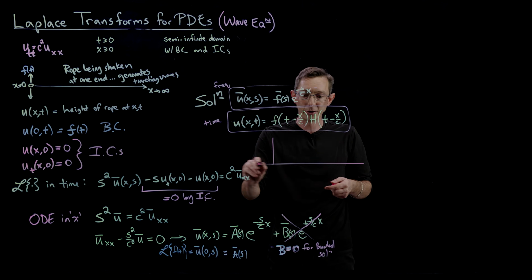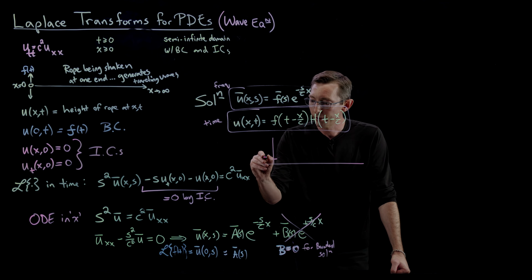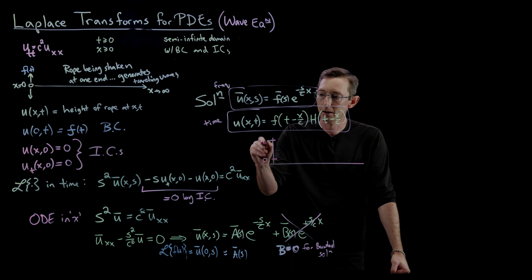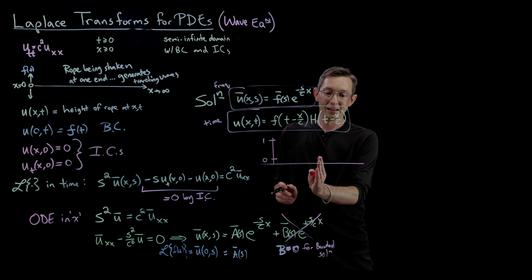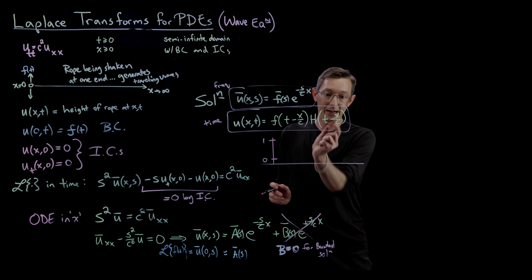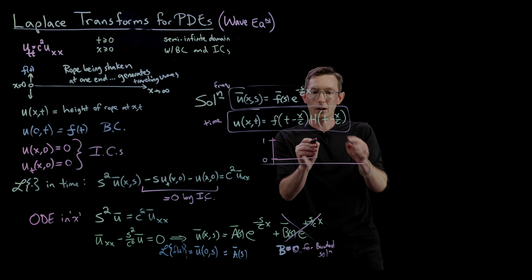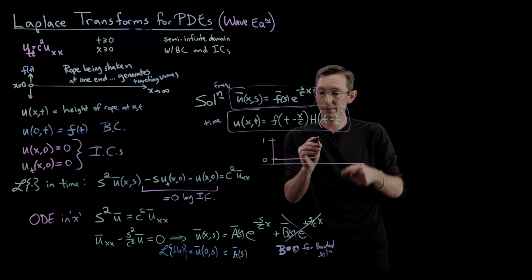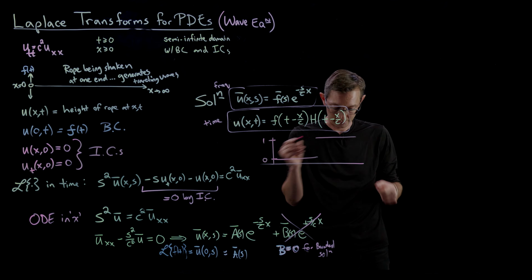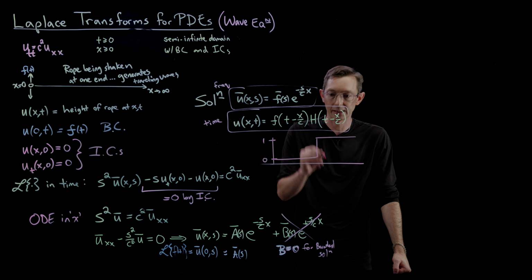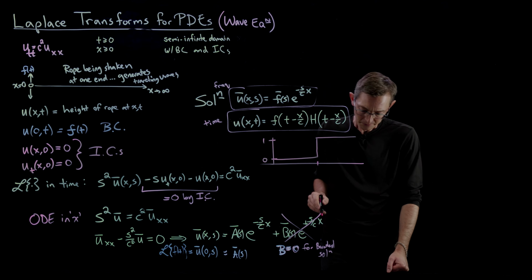The Heaviside function is a function that is 0 when the argument is less than 0. When the thing inside is less than 0, it's 0. And it becomes 1 when the argument inside becomes positive. So it's like this. And it kind of jumps discontinuously at that location.